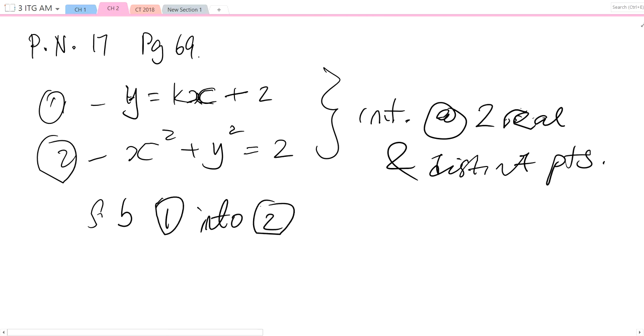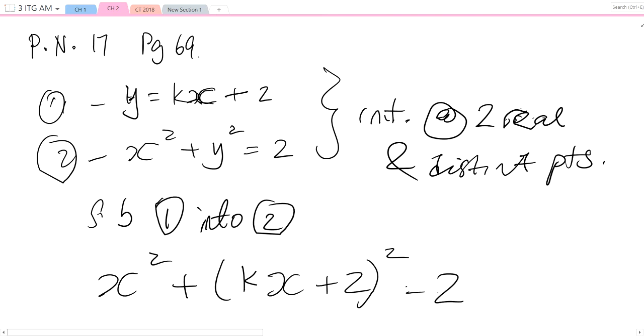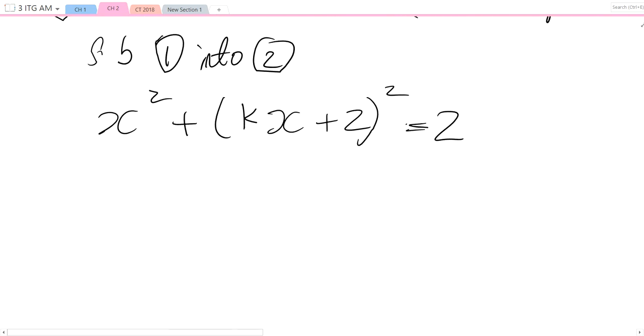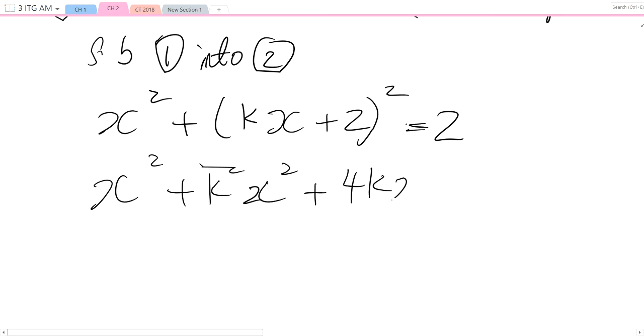So we get x squared plus (kx plus 2) squared equals 2, right? So I can choose to expand this. x squared plus k squared x squared plus 4kx plus 4 minus 2 equals 0.